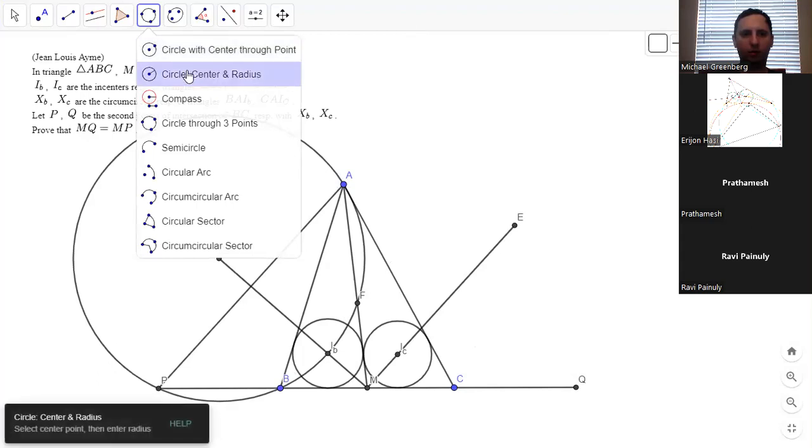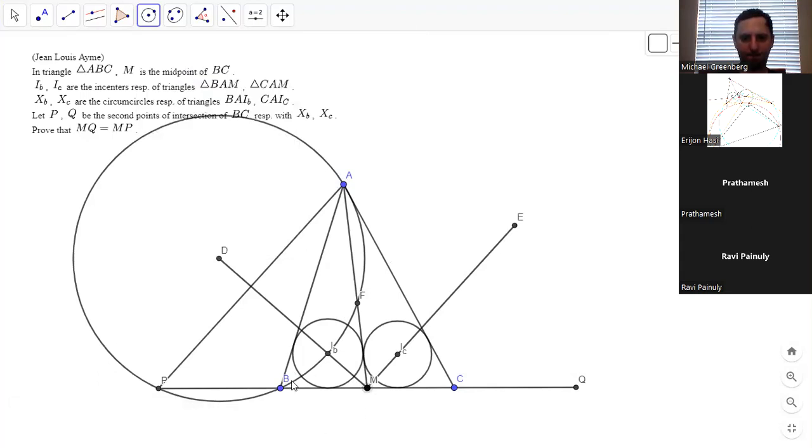Okay, so basically, if we draw the circumcircle of ABIB, then we want to show that MB is equal to MF.